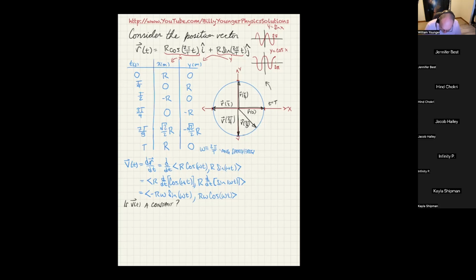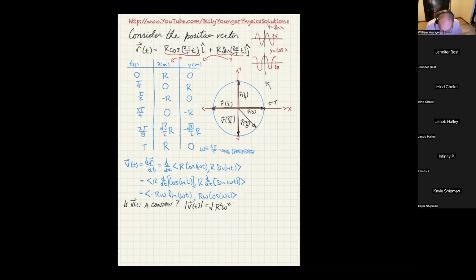So what I want to know is, let's calculate the magnitude of v of t, which is equal to, remember, this is just a two-dimensional vector, so we just use the two-dimensional version of the Pythagorean theorem on it. Both terms have an r omega, so you know it's going to have an r squared omega squared in it. I'm going to go ahead and factor it out.